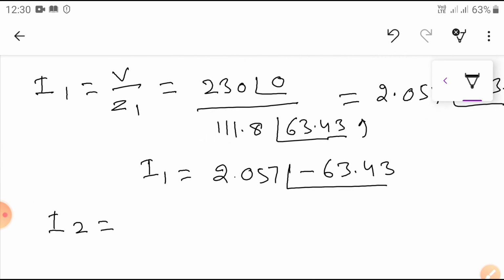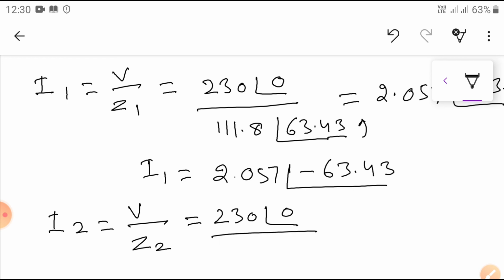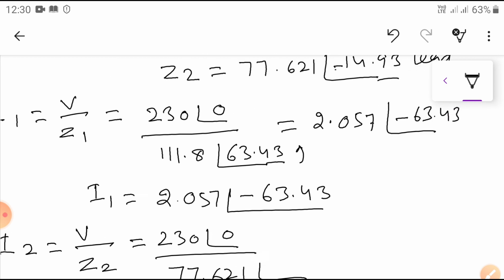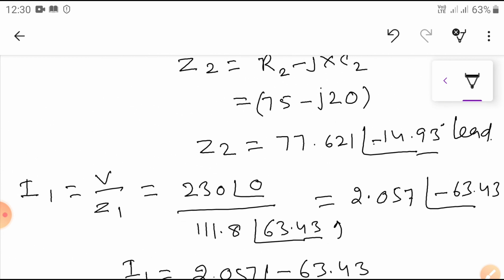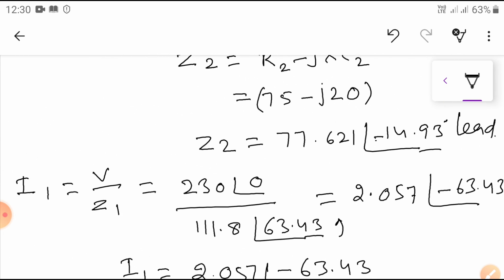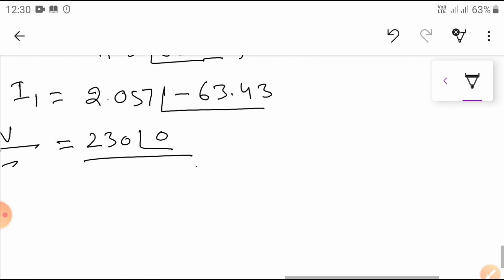Similarly, I2 is equal to V by Z2, 230 at an angle of 0, divided by 77.621 at an angle of minus 14.93.